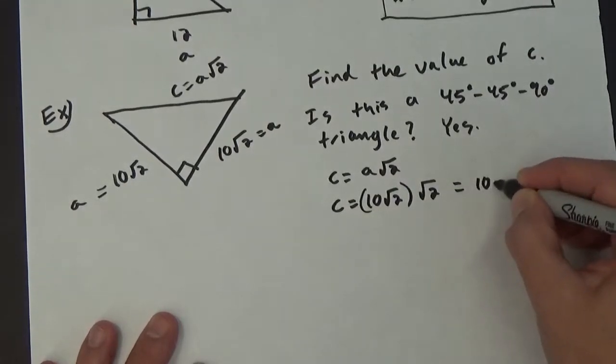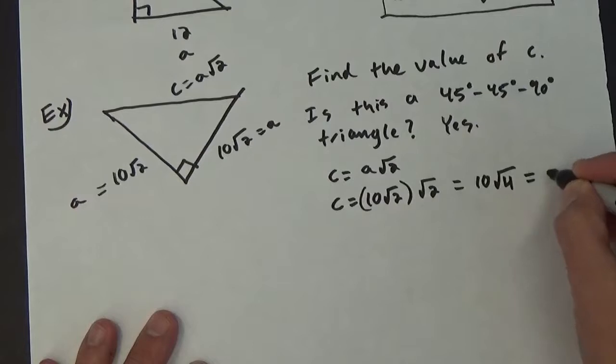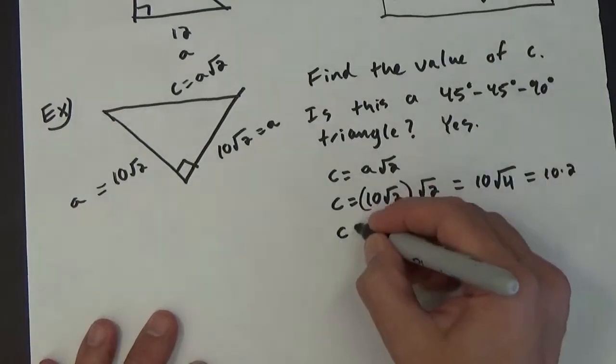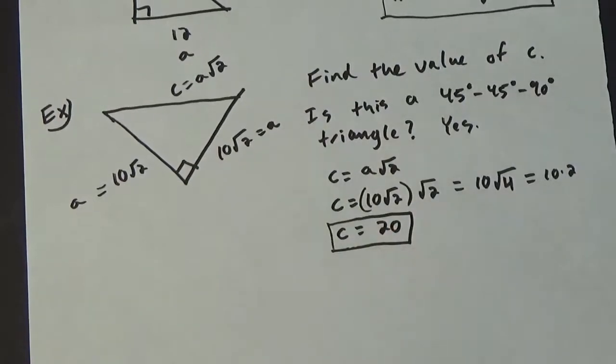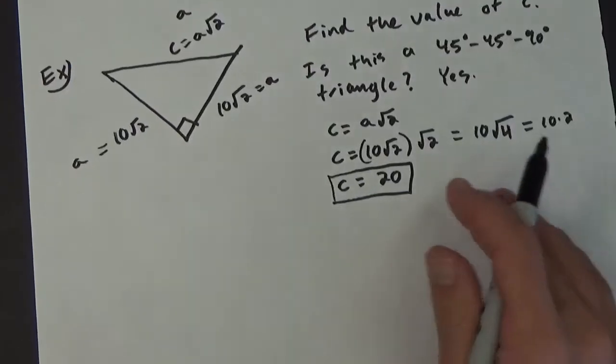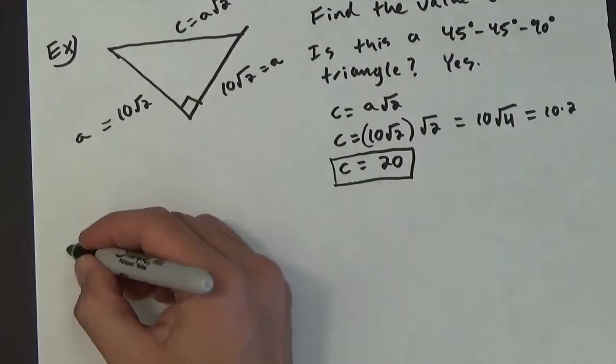So this ends up being 10 times the square root of 4, which is 10 times 2, and so c is 20. Easy enough. Let's try one more example.